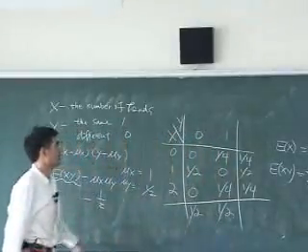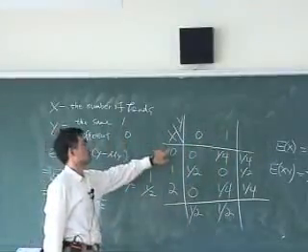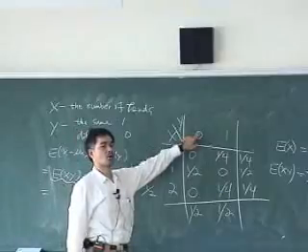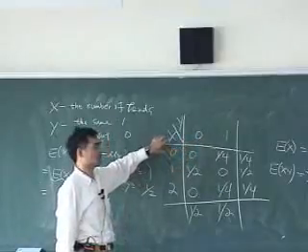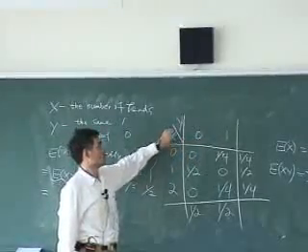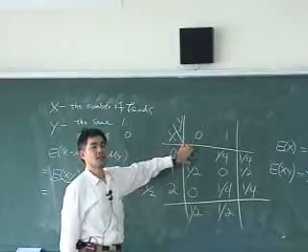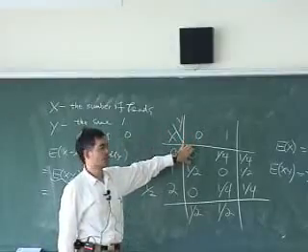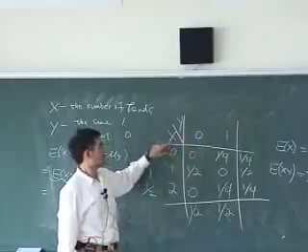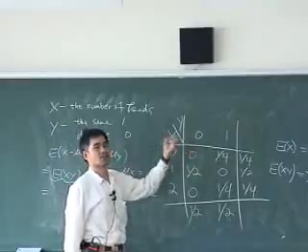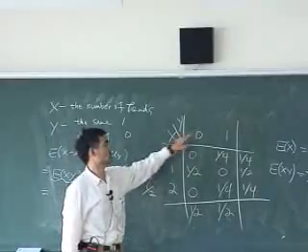So how to do that? First you have 0 times 0 times this probability, which is 0, so you get 0. Forget about it, 0.